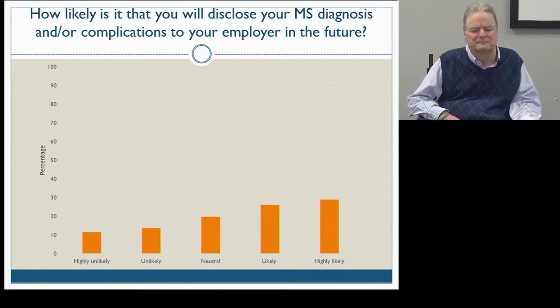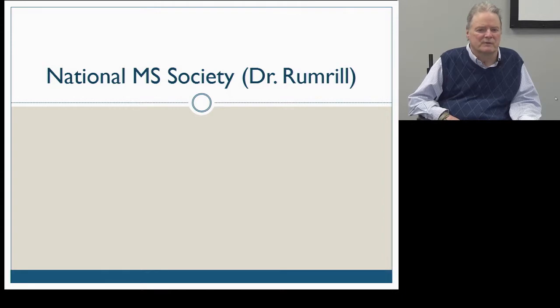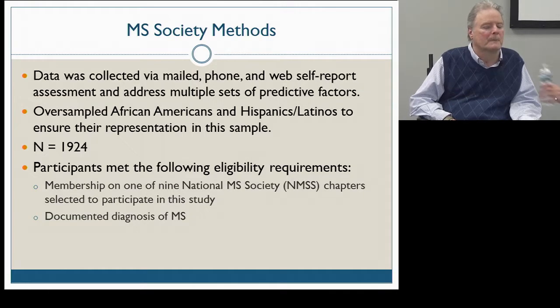Next. So just an overview of the MS Society data. And again, we combined our data with this data. The data were collected by mail, phone, or web self-report.